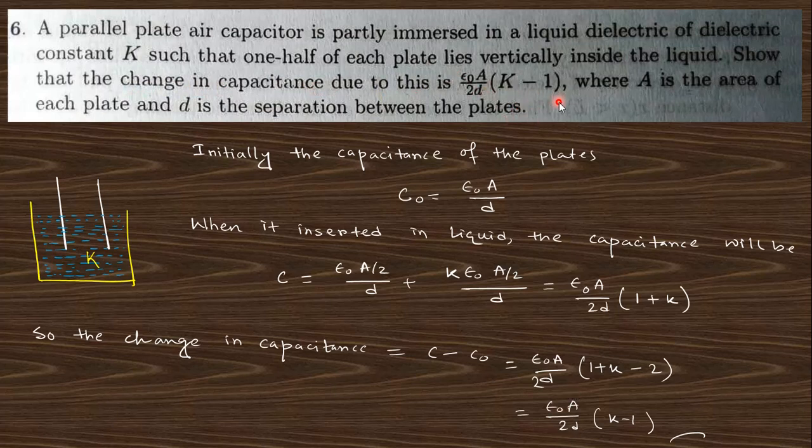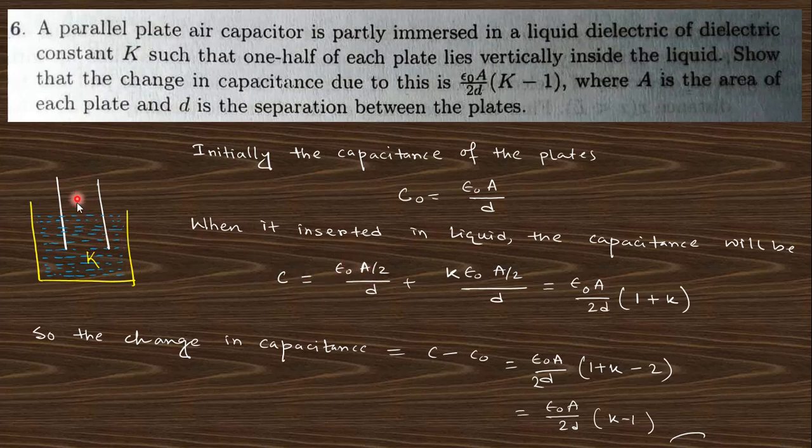Initially, when the plates are outside the liquid, the capacitance will be epsilon naught A by d, where d is the separation and A is the area of the plate. Now we immerse it in the liquid. There are two portions: one within the liquid, another in air, and these are in parallel.